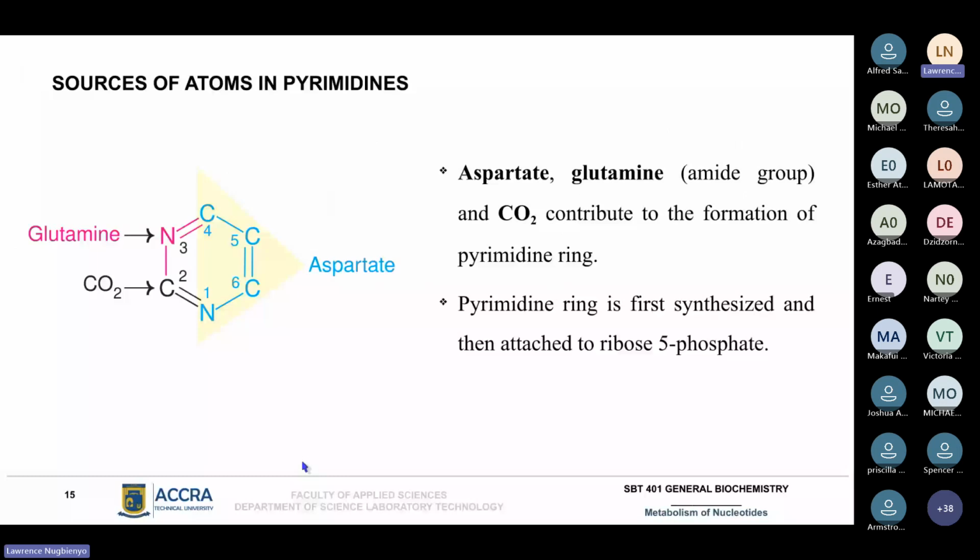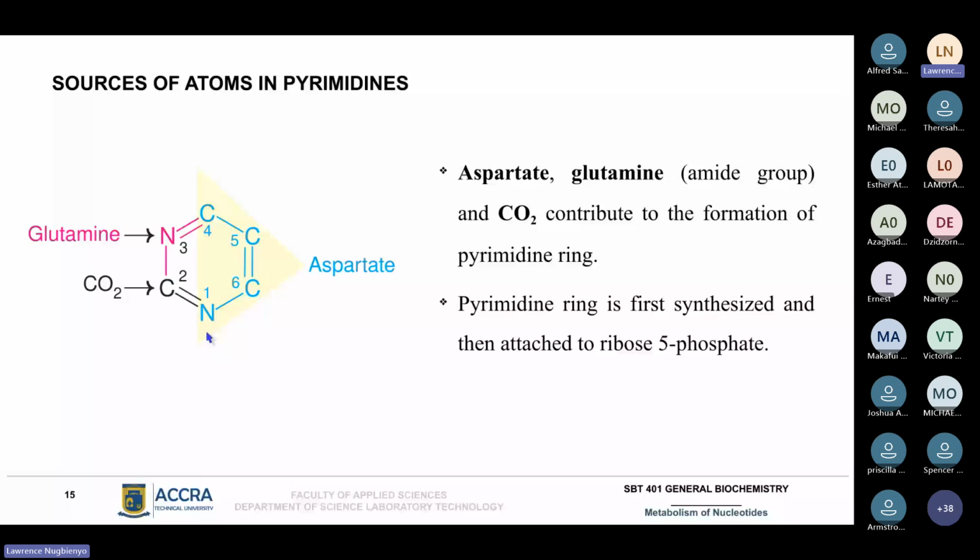Now the pyrimidines. So just as we saw different compounds which were donating different parts of the purine rings, here we also see two amino acids, glutamine and aspartic acid, which are donating different parts of the pyrimidine ring. We also see one of the carbons being contributed directly by carbon dioxide.